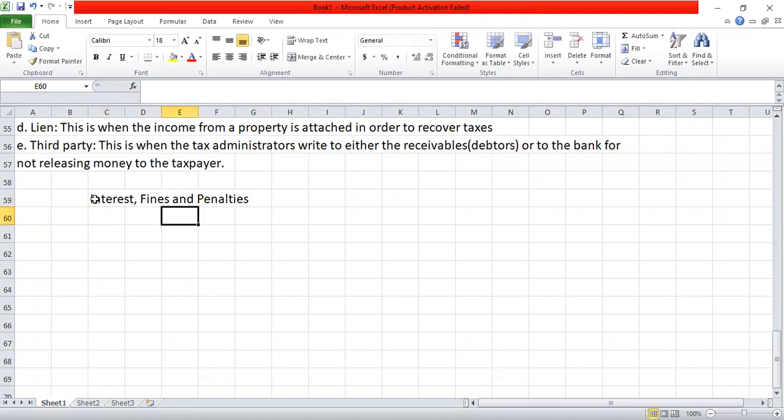Another thing I want us to talk about before we look at investigation is interest, fines, and penalties. The first one we are going to talk about is the interest for late payment.